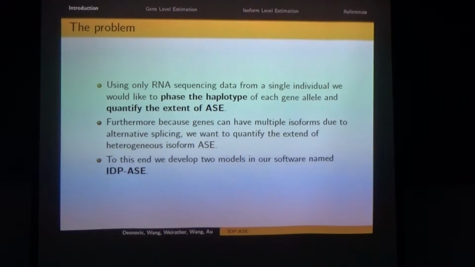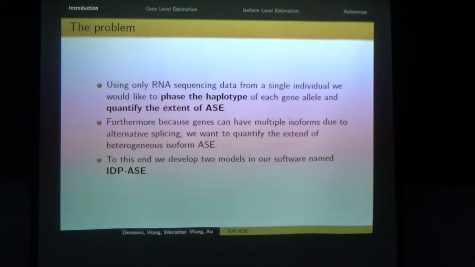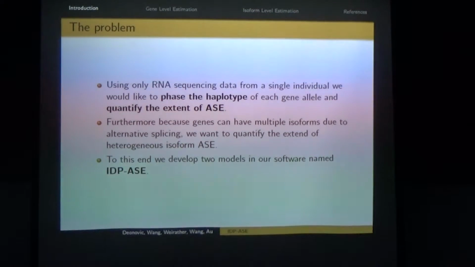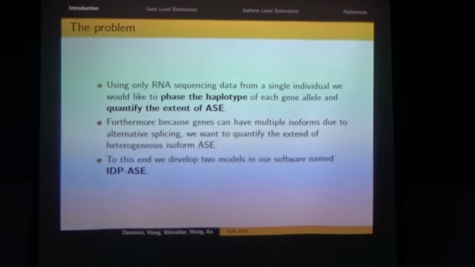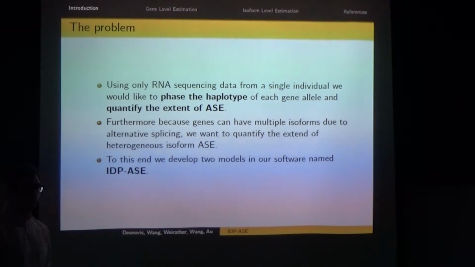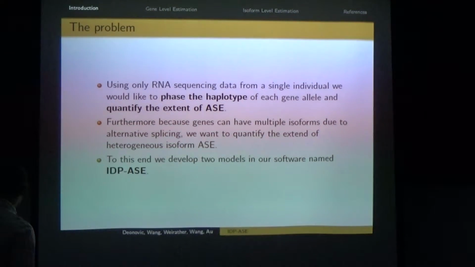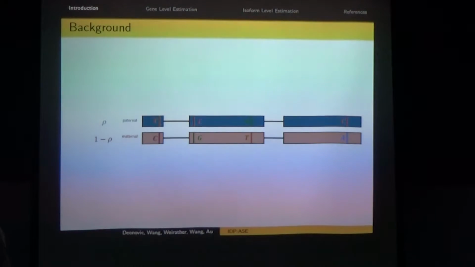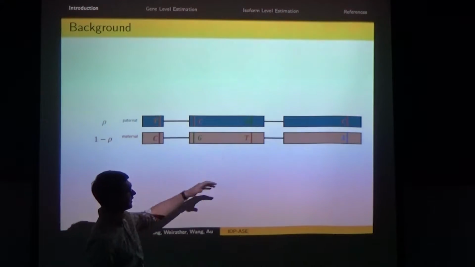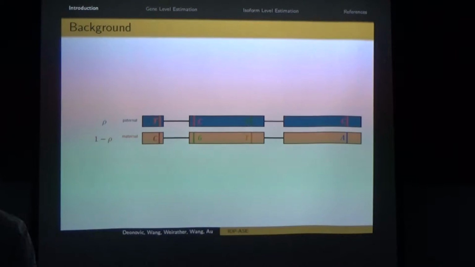Secondly, what we want to do is to quantify the extent of allele-specific expression. That is to estimate that rho proportion. Furthermore, because genes can have multiple isoforms, that is due to alternative splicing, this gene might express an isoform where this middle exon is skipped, for example.